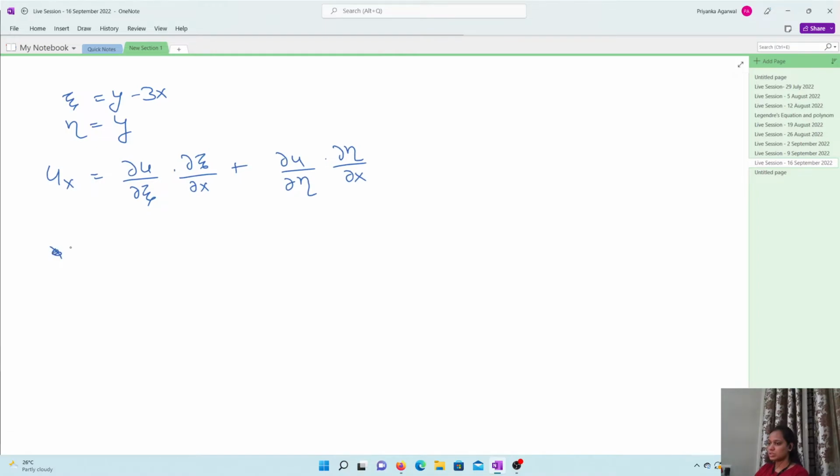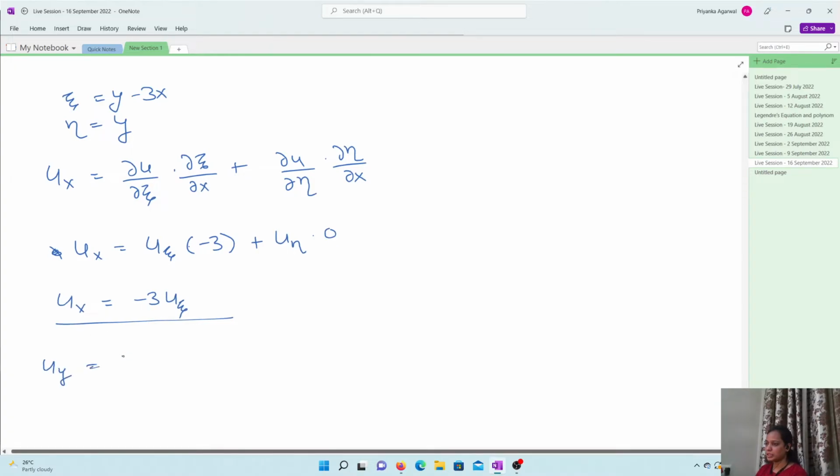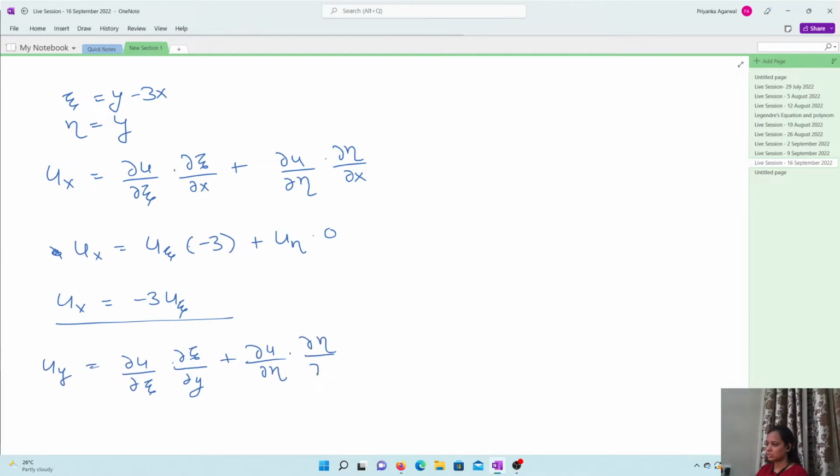So what does this ux become? This can be written as u xi into del xi by del x, which is minus 3, plus u eta into 0. So ux becomes minus 3 u xi. Now similarly, u of y can be written as del u over del xi into del xi over del y plus del u over del eta into del eta over del y.